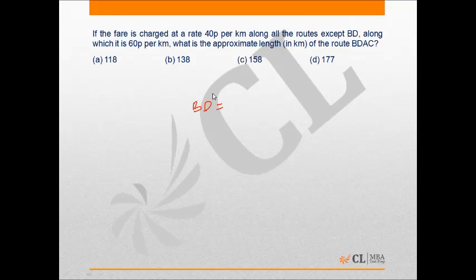fare charge from B to D is 20 rupees and per kilometer fare is 60 paise, which means the distance between B and D is 20 upon 0.6, which is 33 kilometer. Coming to route DA, total fare is 16 and fare per kilometer is 0.4, which is 40.